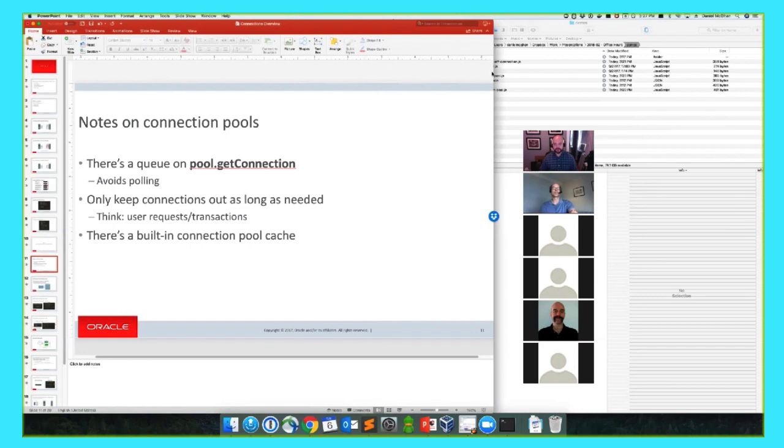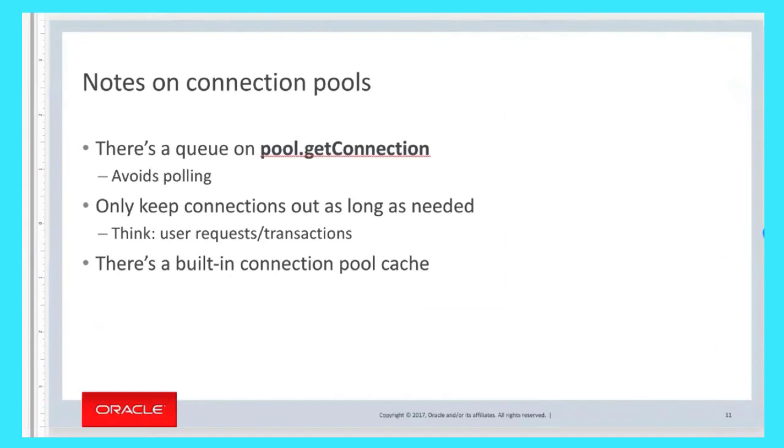So a couple of notes on pools. First thing I'll point out is that we have a queue on the get connection call. It's enabled by default. You don't have to do any work for it, but it's there just to help you avoid any kind of polling. So let's say you create a connection pool with 10 connections and they're all in use, and you call get connection and you want that 11th connection.